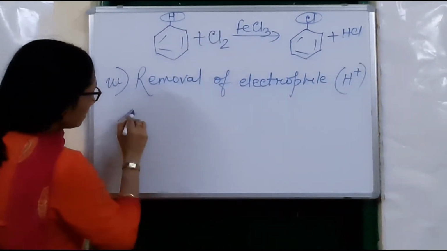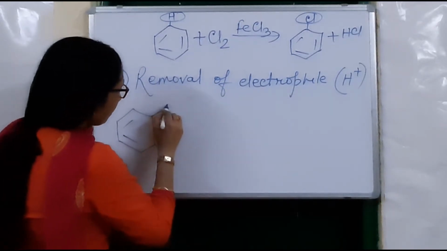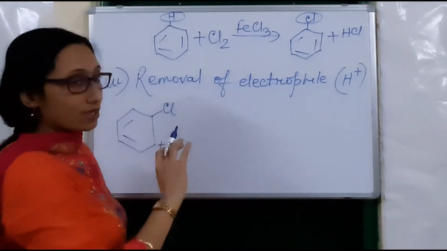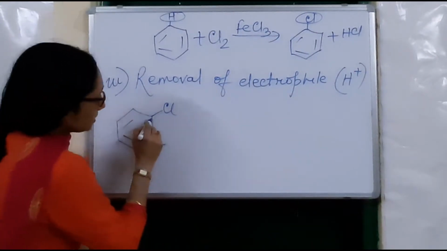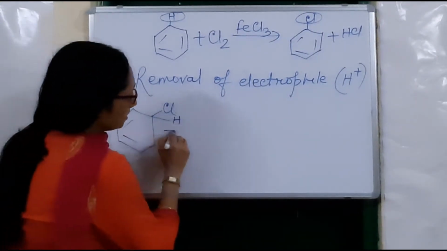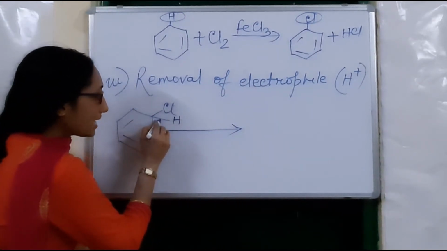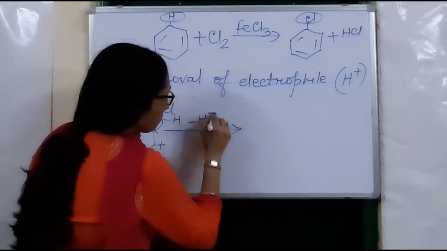So in the previous step, we have seen the formation of this sigma complex. We have discussed the structures, or rather the resonating structures. Now next step, what will happen? Here we have one H. Now this H will be removed as H plus. So minus H plus.